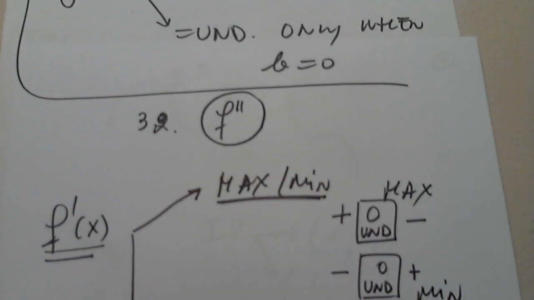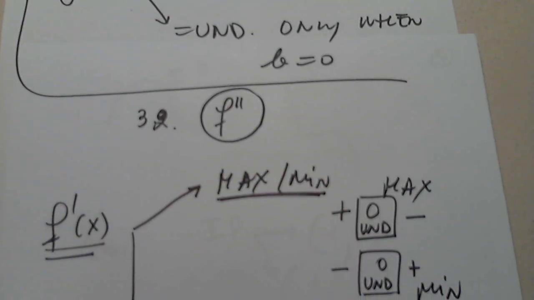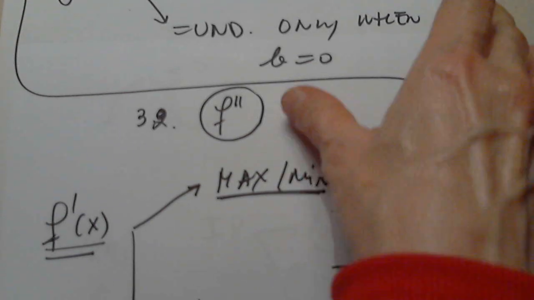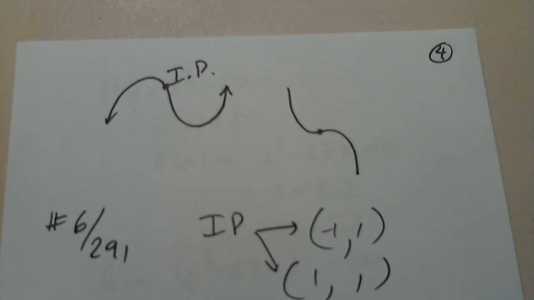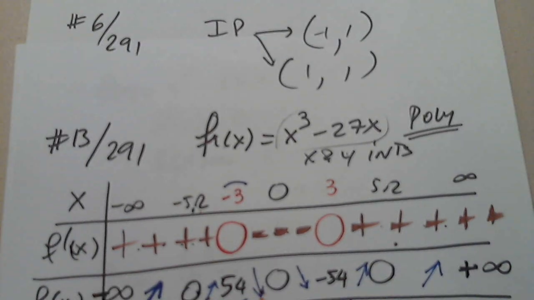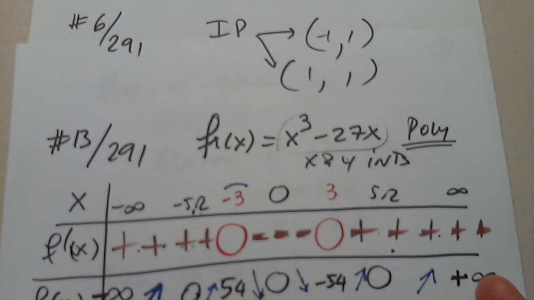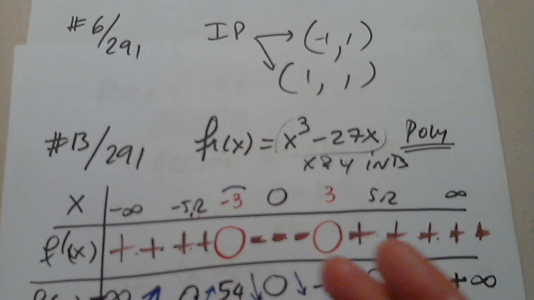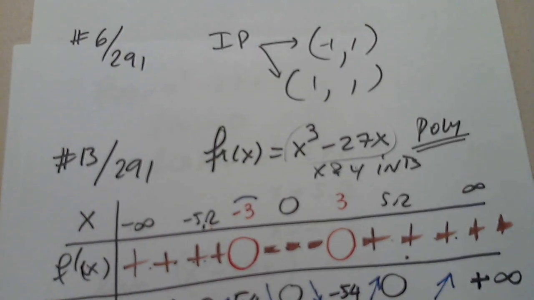Again, max, min, intervals of increasing, decreasing. From the second derivative, concavity, opening upward or downward, and points of inflection. It looks complicated, but if you pay attention to all steps, you should have no difficulties.